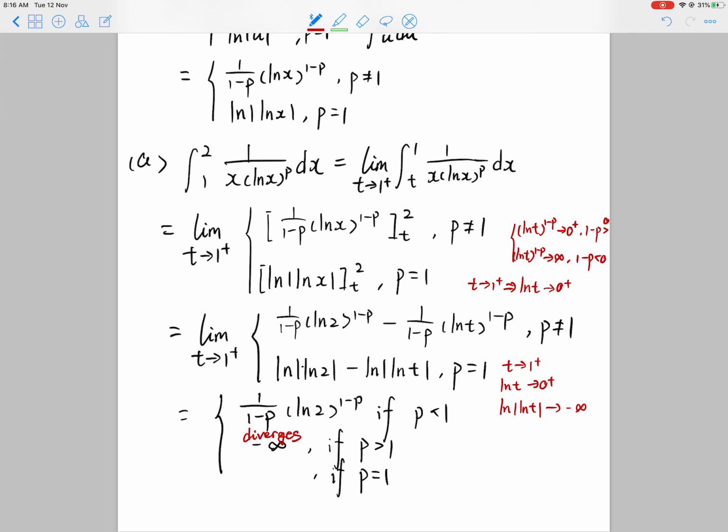So the second part, there's a typo here, it's a positive infinity. So the second part is also approaching positive infinity, which means it diverges.